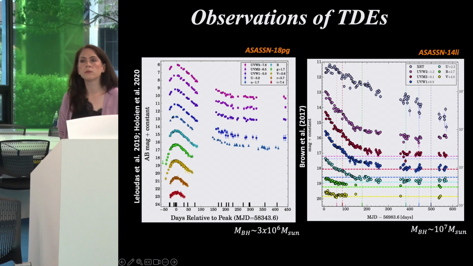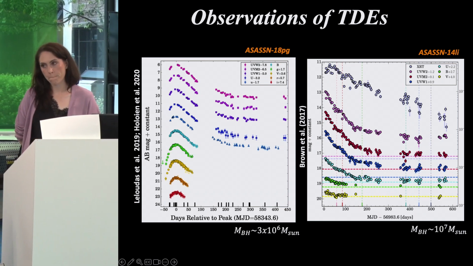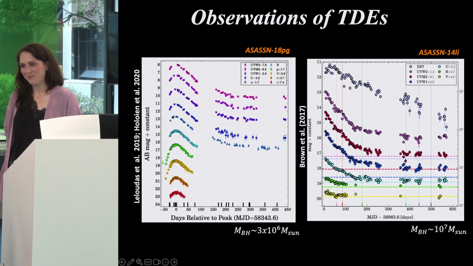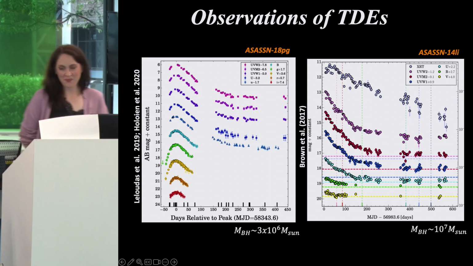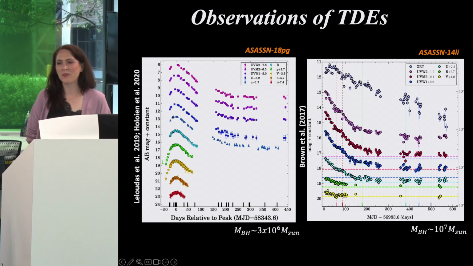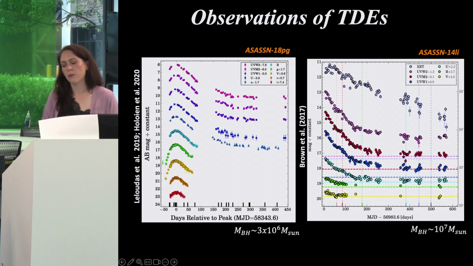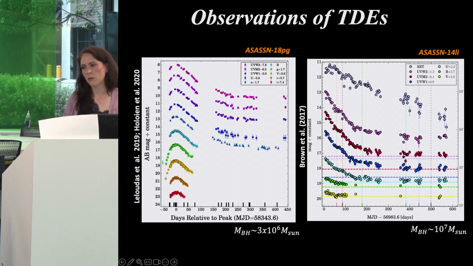As you said, you expect the decay to basically be a power law, which means that unfortunately, being a power law, it actually contains very little information if it really is a power law, right? Because there's no scale to it. So there's a scale of the rise time, and there is the peak luminosity, right? Yep. But you have at least three unknowns: the mass of the black hole, the mass of the star, and the stellar radius.